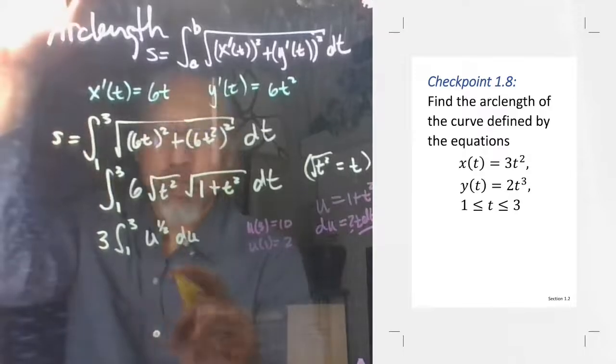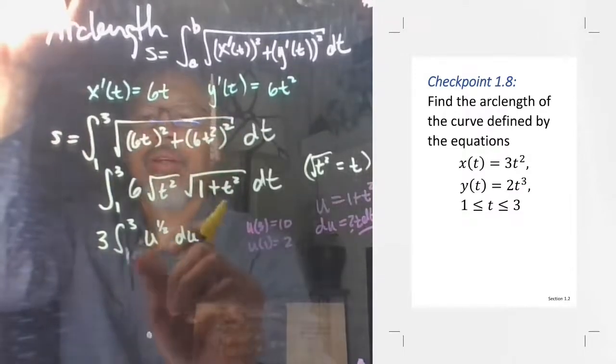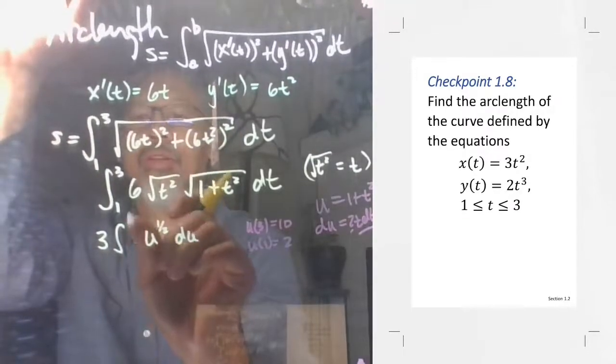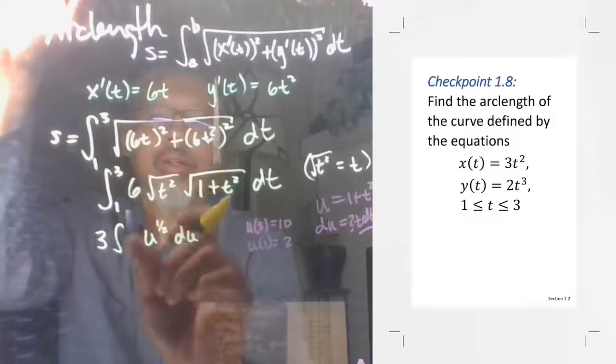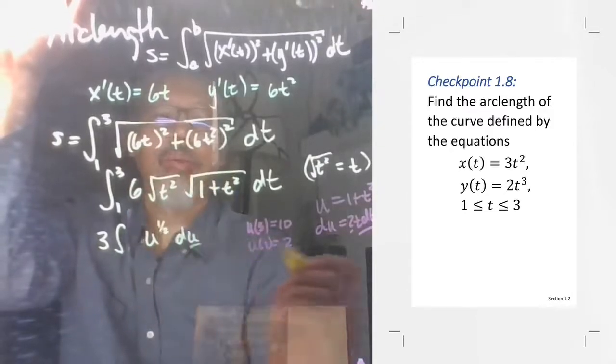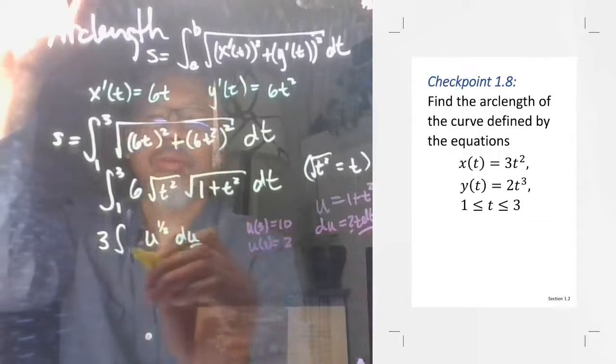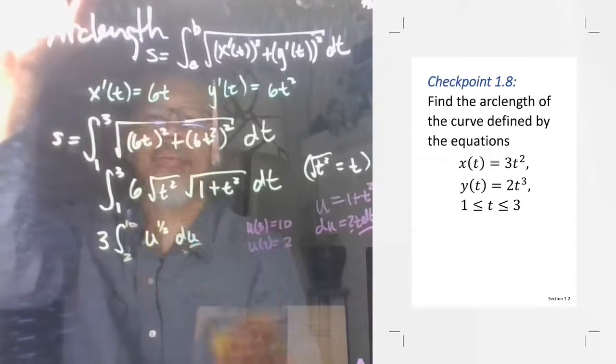So let's change the limits of integration from 1 to 3, and with the u limits we're going to go from 2 to 10.